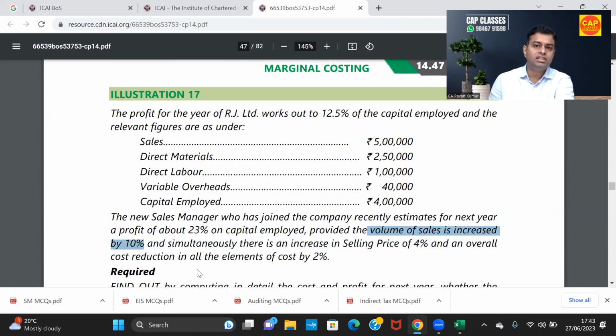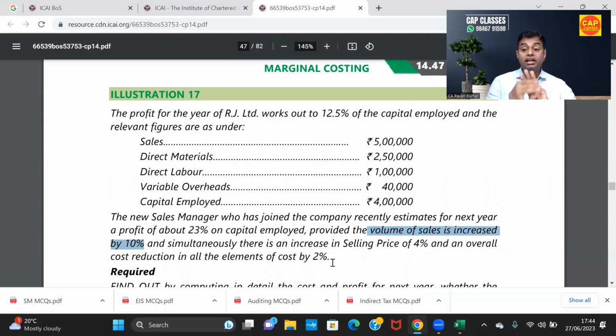What is volume of sales? Means number of units sold. That is increased by 10%. And simultaneously, there is an increase in selling price of 4%, and an overall cost reduction in all the elements of cost by 2%.